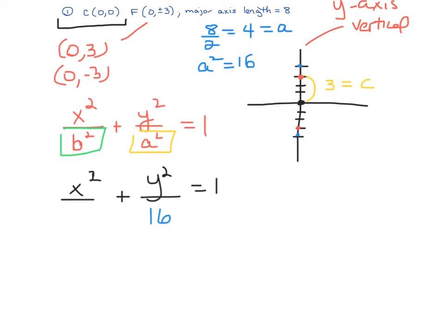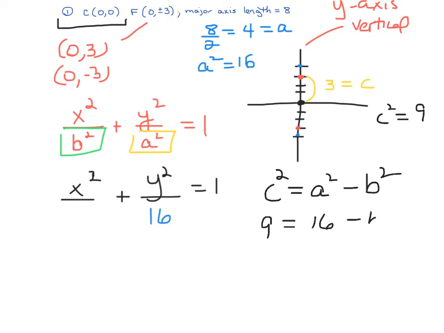Okay, so I'm going to do C squared is equal to A squared minus B squared. So now C squared is actually 3 squared, which is 9. So I'm going to do 9 is equal to 16 minus B squared.